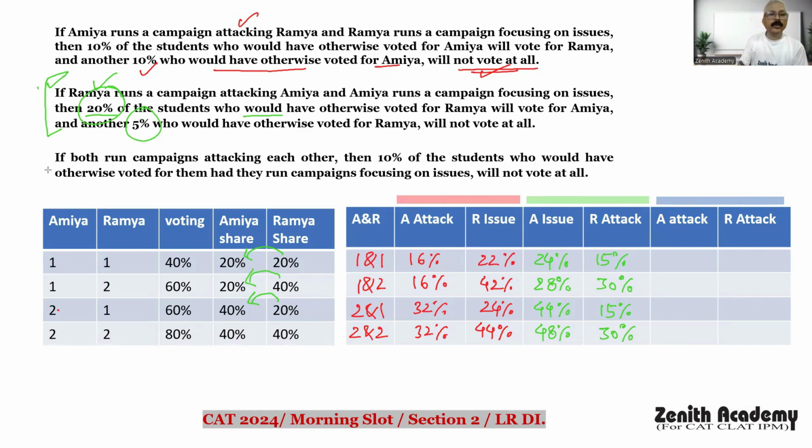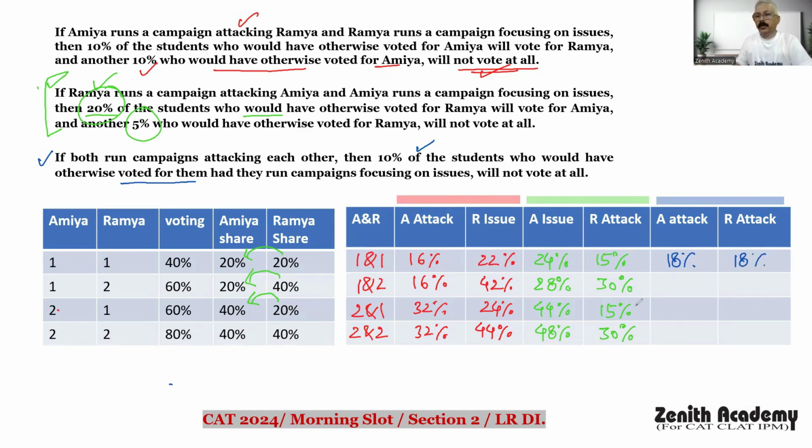When both are attacking each other, then 10% of the students who would have otherwise voted for them had their own campaigns focused on issues will not vote at all. So it means 20%, 20%. So 10% of this will not vote, and 10% of this will not vote. So this will be 18. 10% of 20 is 2, so 20 minus 2, 18. Similarly, here it is also 18.